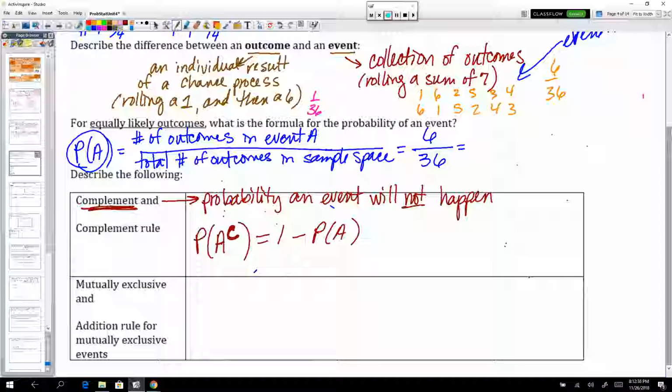The next thing I want to talk about is mutually exclusive. Hopefully you've already got this written down from your homework. Mutually exclusive events are two events that cannot happen at the same time.